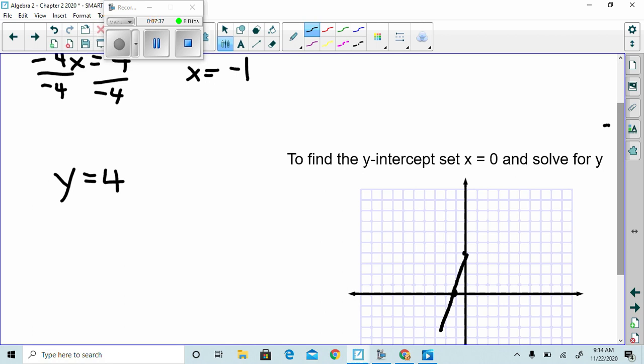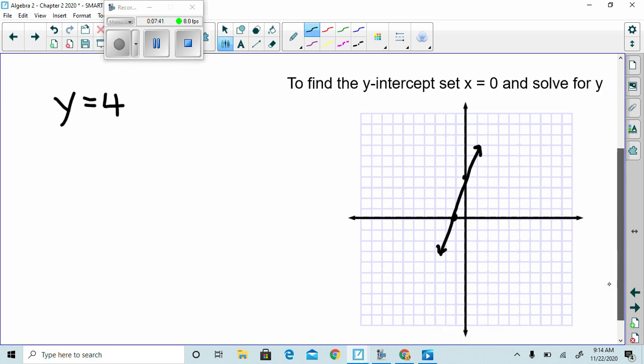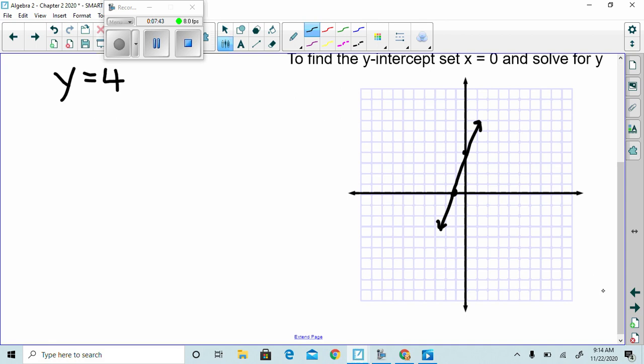And we connect. Now we should be careful because sometimes we'll have negatives. If I were to give you something like, let's change that, and again, we're going to keep them in standard form, 5x minus y equals, we'll say 5.